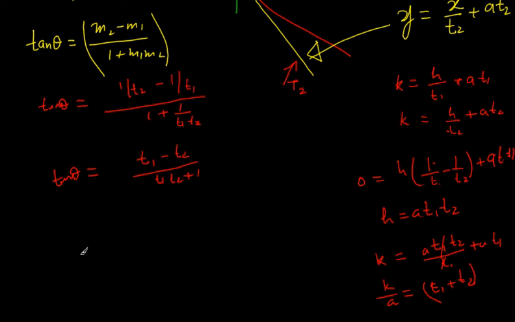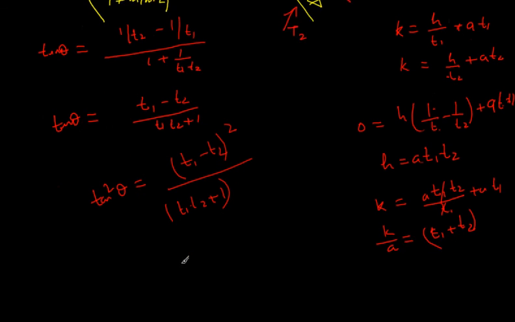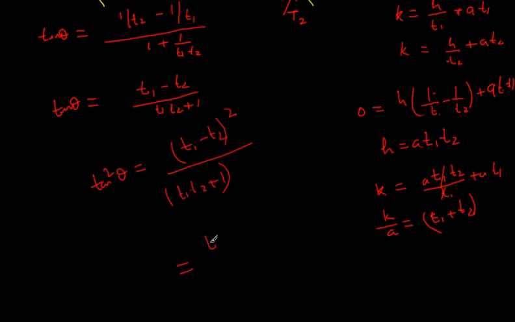Now just square it, tan square theta. Actually I'm running out of time, so let me do it as quickly as possible. Replace (t1 minus t2) square with (t1 plus t2) square minus 4 t1 t2, divided by (t1 t2 plus 1) square.